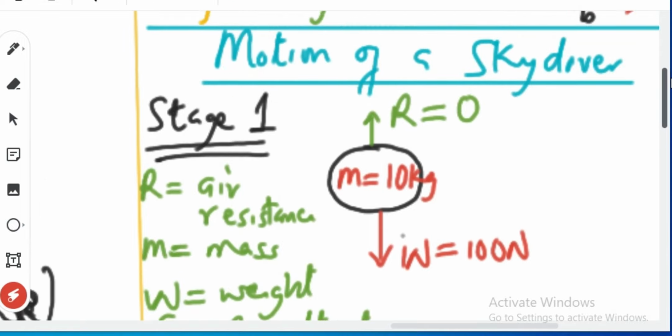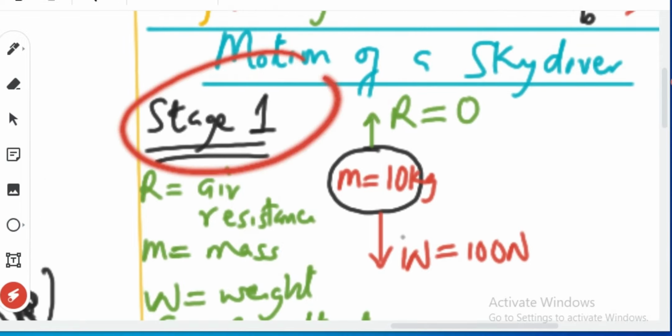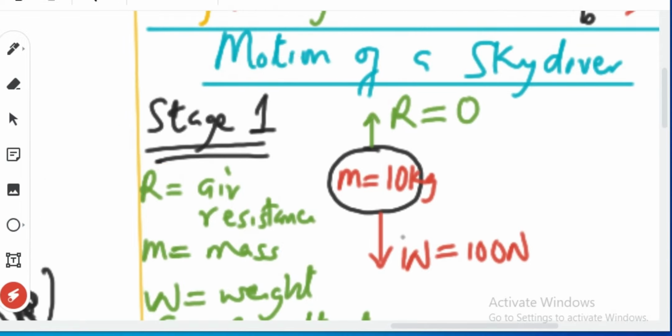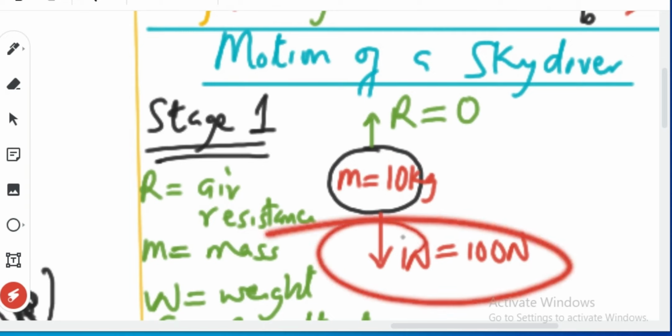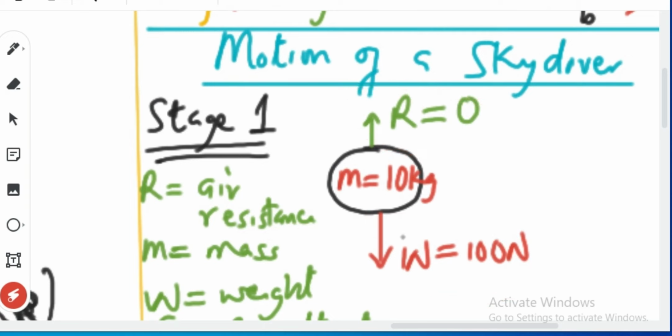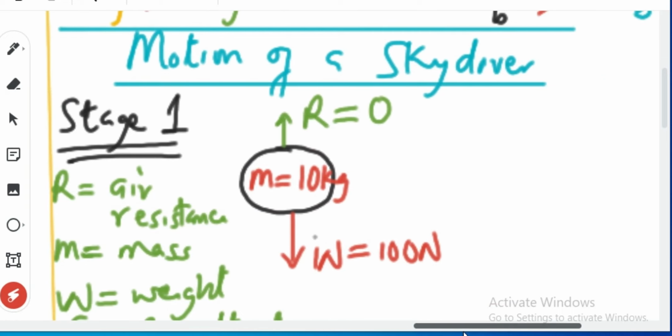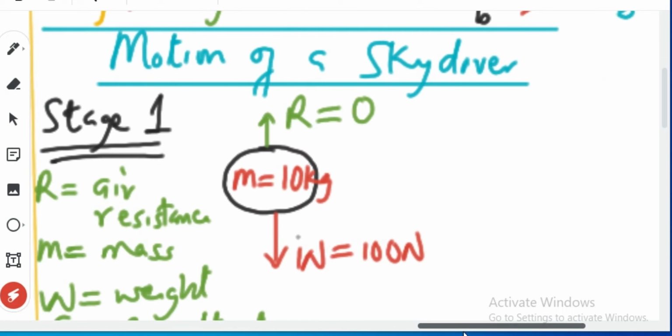I said the first stage is when the object is about to start falling. What is the only force acting? Weight. Why is there no air resistance? Because it hasn't started moving yet. So the only force acting is weight. Alright, let's get the resultant force.